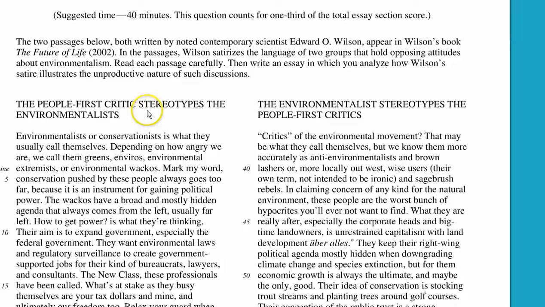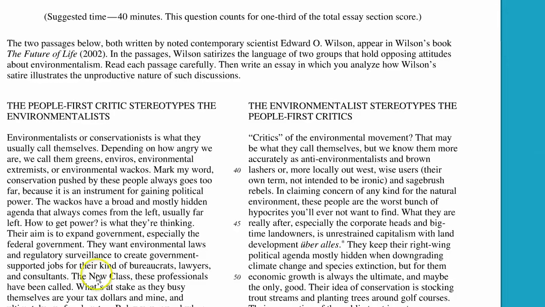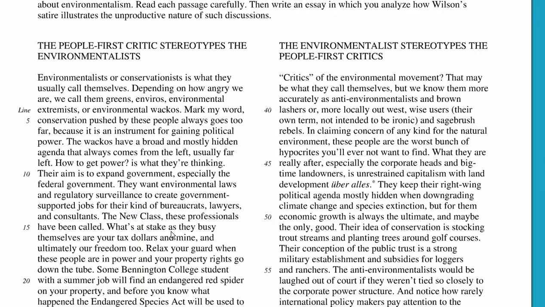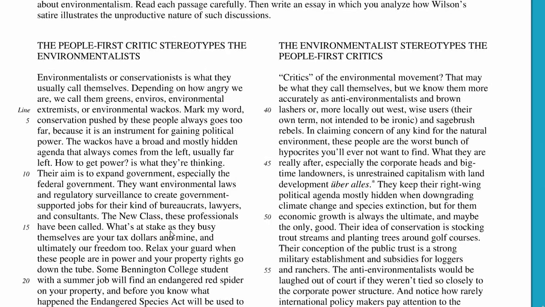So his audience would be people in the year 2002 and later who would have been interested in a book titled The Future of Life that discussed science and politics. Someone into these debates, someone familiar with these debates, someone who cared and is up on what is current in those worlds. So go ahead and read the first few lines of each of these passages and see if you can decide where you see things that might be considered colloquialisms.